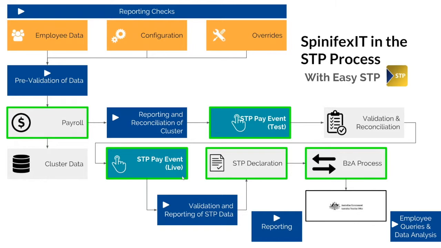So, that is what we've done. And again, consistent with our Easy Payment Summaries, we find that a lot of the time generating files is straightforward. However, it's the checking of the data, whether prior or post the generation of files, where time can definitely catch up. So we're doing a number of reports around the checking of employee data configuration and overrides.